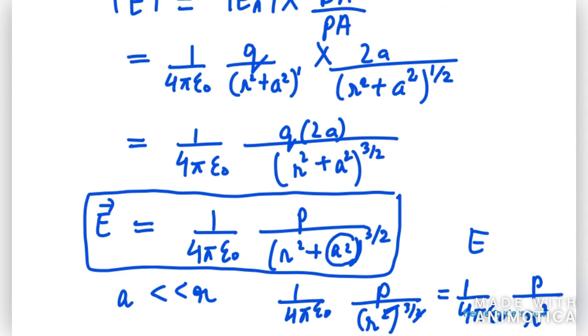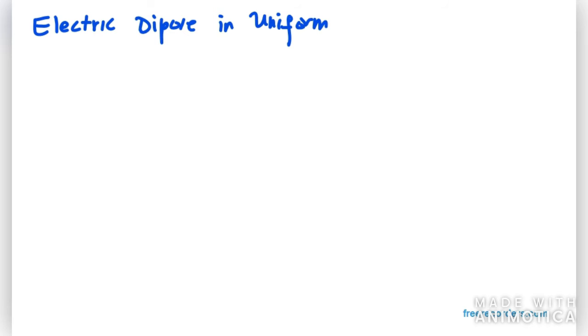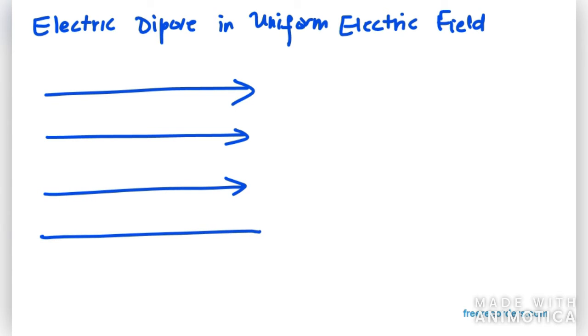Now next is electric dipole in uniform electric field. Let's study about it. In this case, we would be talking about electric dipole in uniform electric field. We have electric field which is uniform. First of all, we draw uniform electric field, and now we have to draw dipole in it.